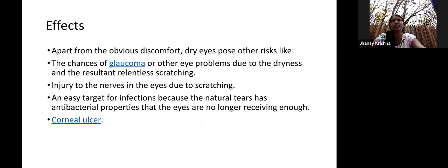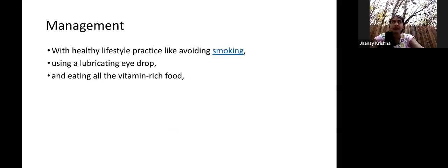If dry eyes are not treated, it results in glaucoma, corneal ulcers, and the eye is also prone to many infections. Management is done with lubricating eye drops, eating a lot of vitamin-rich food, and avoiding smoking.